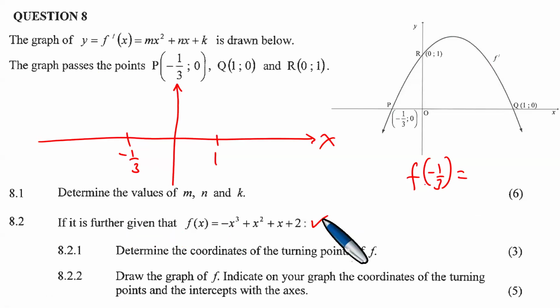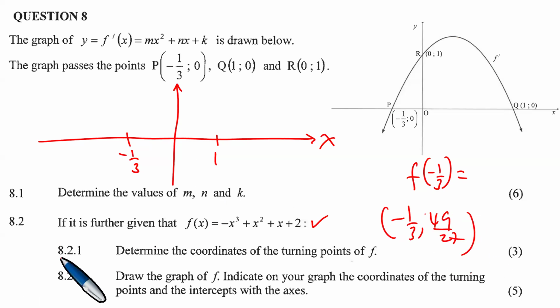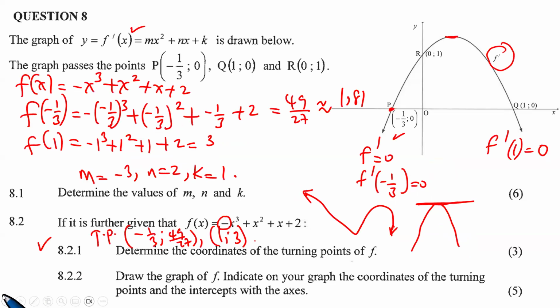So minus 1/3 and 49 out of 27. Okay, and then we go to the other one. When x is 1, what did you get y to be? We got y to be 3.